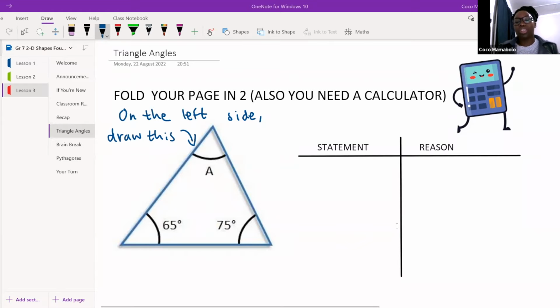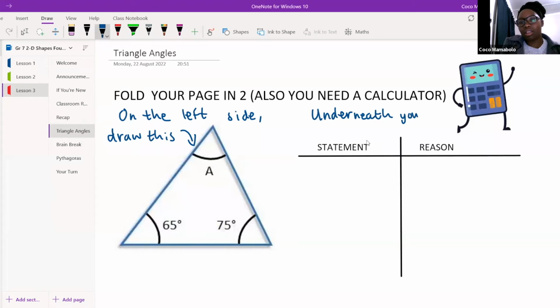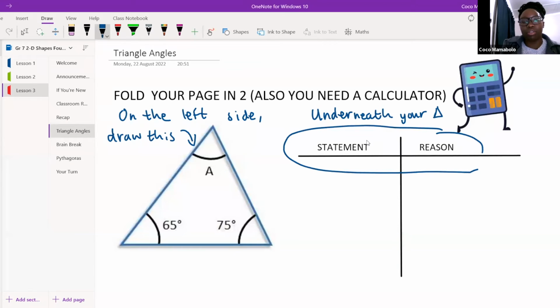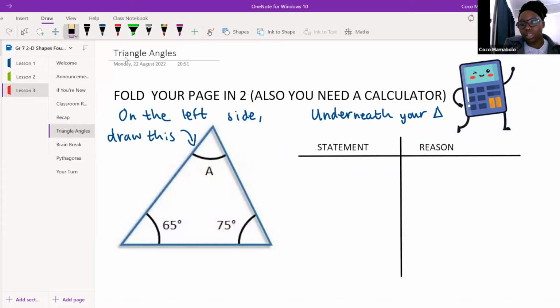All right. Once you're done drawing your picture, underneath your triangle, I need you guys to write this. Write this statement and this reason part over here. Write statement and reason, and then draw this line underneath. Remember, this line in the middle over here is going to be the fold in the middle of your page.